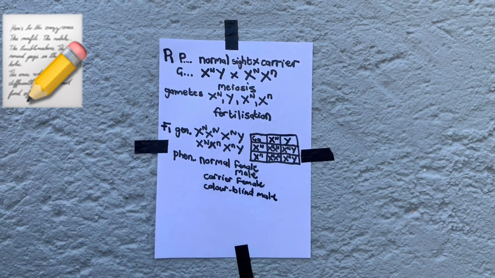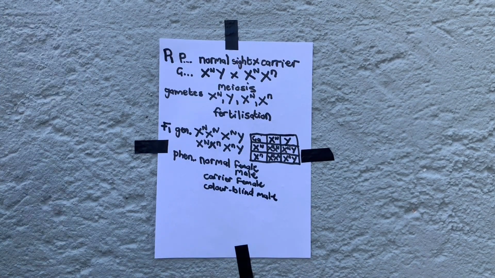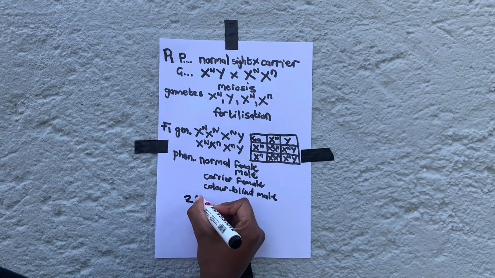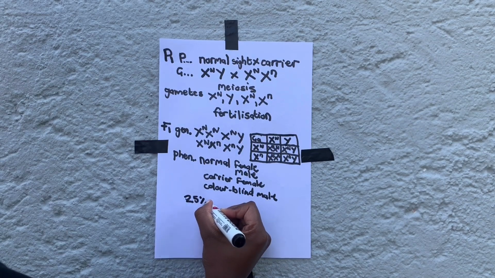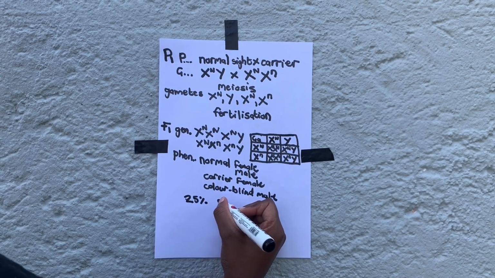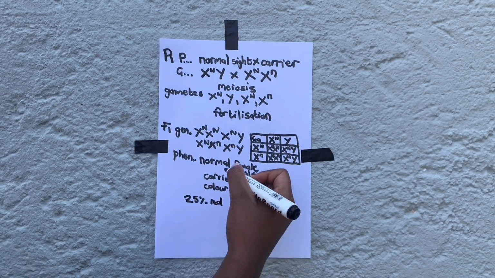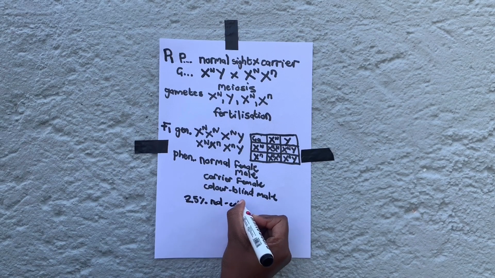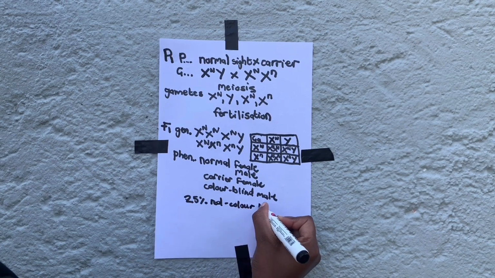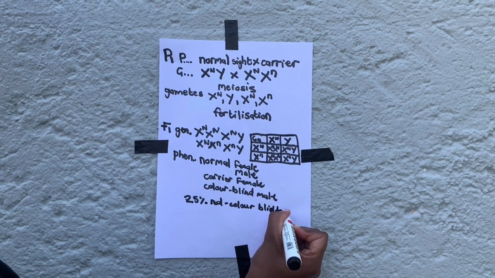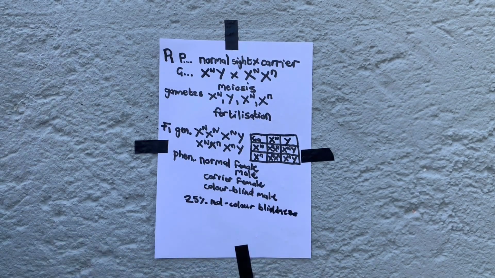So to answer the question, the probability of that is 25% probability of red-green color blindness. Let me just write that out. Color blindness. Okay, so we've answered that question.